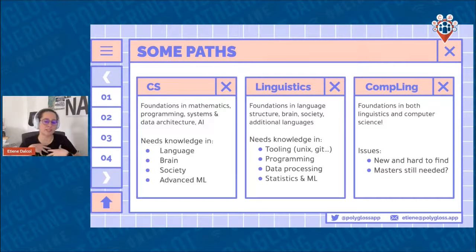And if you have linguistic skills, then you have to learn more about programming. And this is typically done in academia through, you take an undergrad in one and then a master's in the other one. So this is sort of what I did. So I have a software engineering background, and then I did the computational linguistics in the master's. And then I had to learn a lot of linguistics while I was doing that.